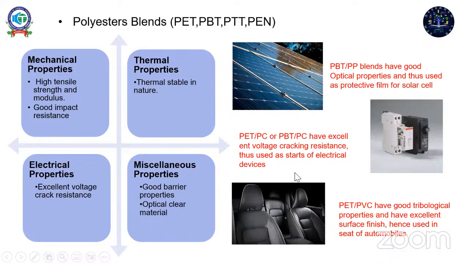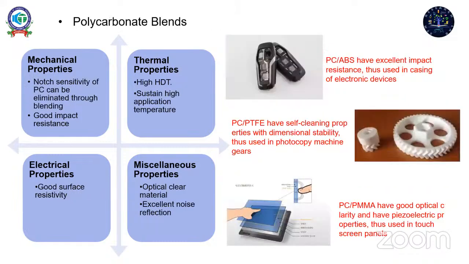Or when PET is blended with polycarbonate or PBT is blended with polycarbonate, due to the high voltage crack resistance, this material can be used as starter in electrical devices. Okay. Again, PET-PVC have good tribological properties and good surface finish, and therefore they can be used in seat making of automobiles.